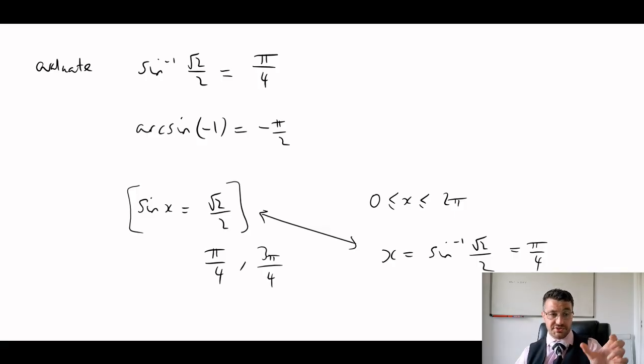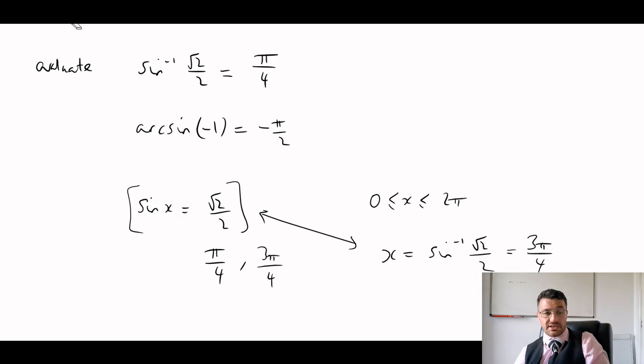Rather than thinking about that inverse from minus pi by 2 to pi by 2, I'm going to think about another inverse from pi by 2 to 3 pi by 2. In which case, pi by 4 would not be my solution here. It would be 3 pi by 4.